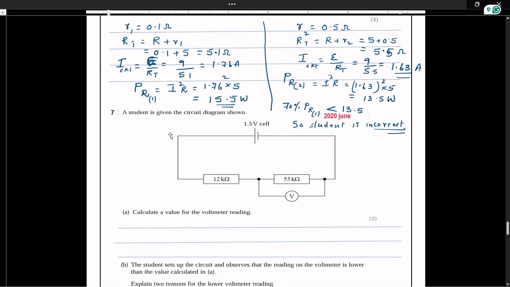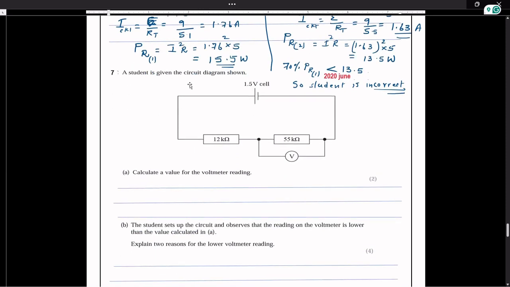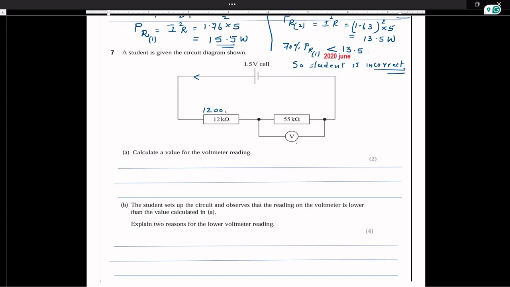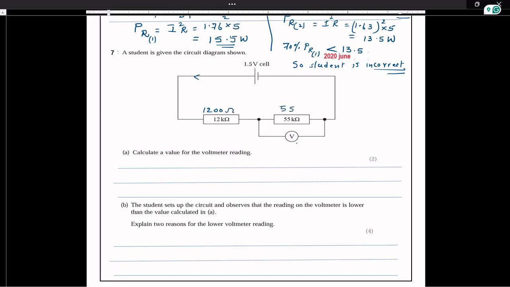Now let us see the next question. A student is given the circuit diagram. Calculate a value for the voltmeter reading. Both the resistors are given, 12 and 55 kilo ohms. The cell voltage is given, so we can calculate the current. 12 kilo ohms means 12,000 ohms, and this is 55,000 ohms.